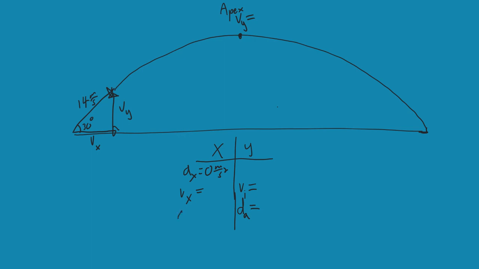And then we also don't know the horizontal range or the distance in the horizontal direction. But we do know our acceleration in the vertical direction is negative 9.8 meters per second squared. And then we know our initial velocity and the angle that it's launched at.